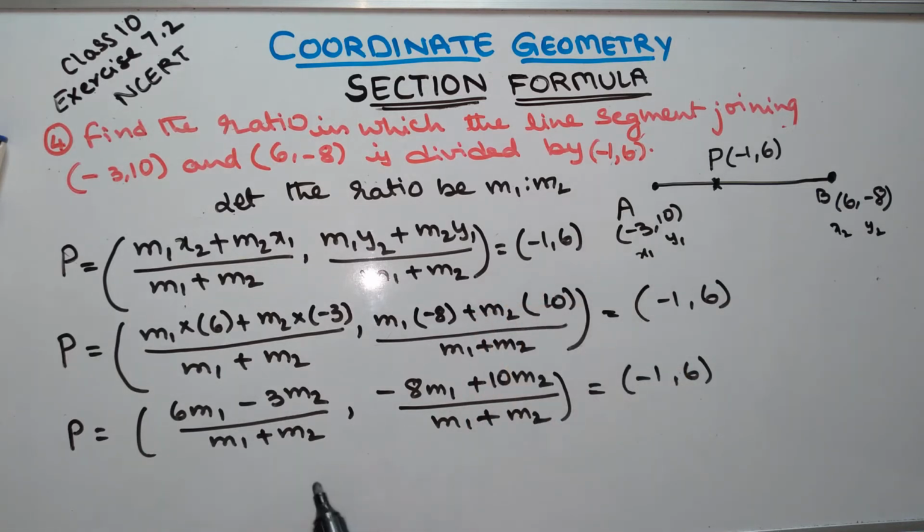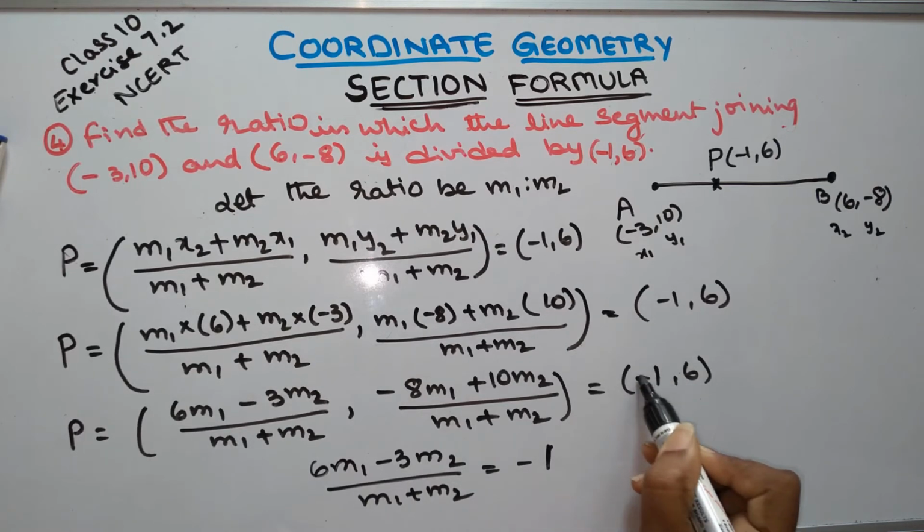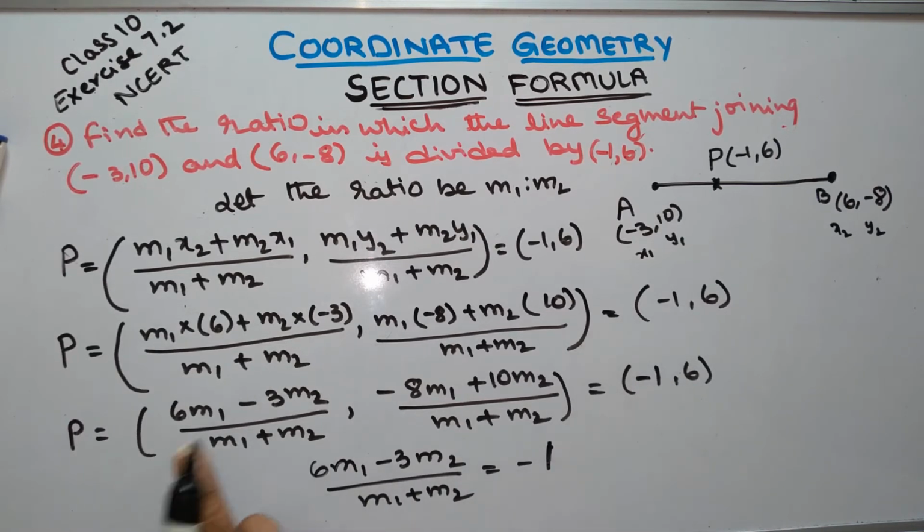Okay, so let us equate the x coordinate. 6 M1 minus 3 M2 by M1 plus M2 is equal to -1. The x coordinate here is -1 and here it is 6 M1 minus 3 M2 by M1 plus M2.